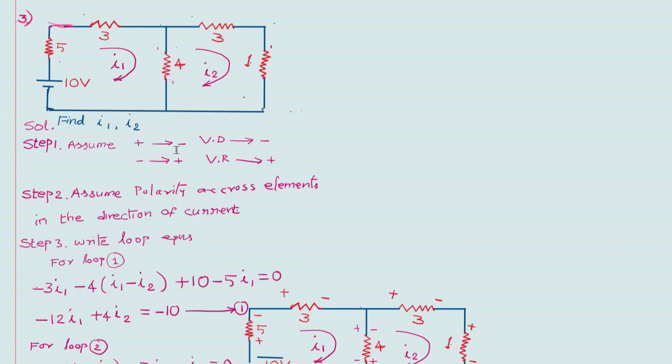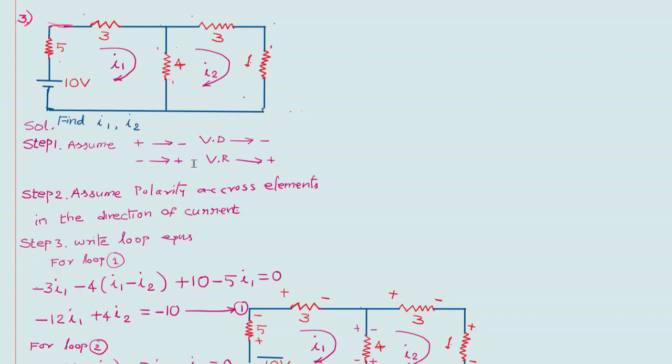When the current enters the passive element in the assumed current direction, we call that the positive terminal, and the terminal where it leaves that element we call the negative terminal, and we call that a voltage drop, and the sign that it gets is minus.